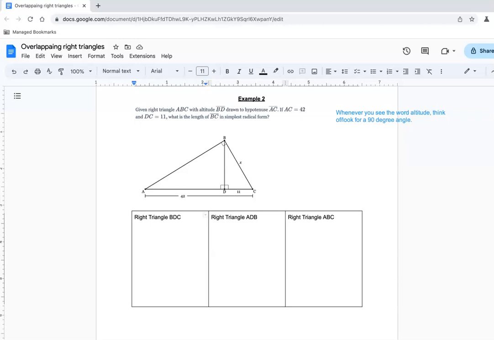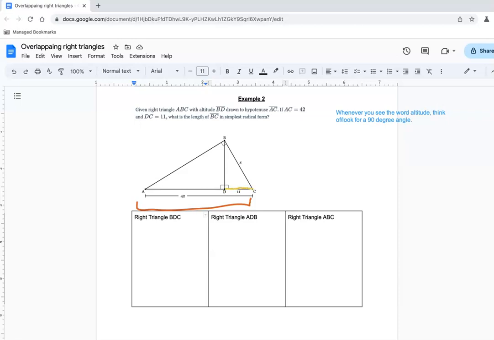And if AC is equal to 42 and DC is equal to 11, so this whole thing is equal to 42. And this part right here, I'm just trying to color code, from D to C, that's 11.